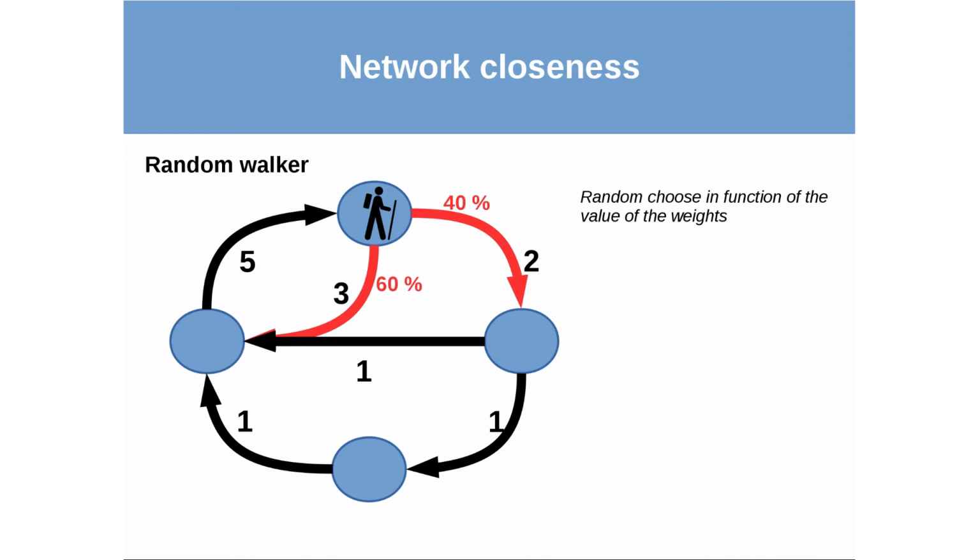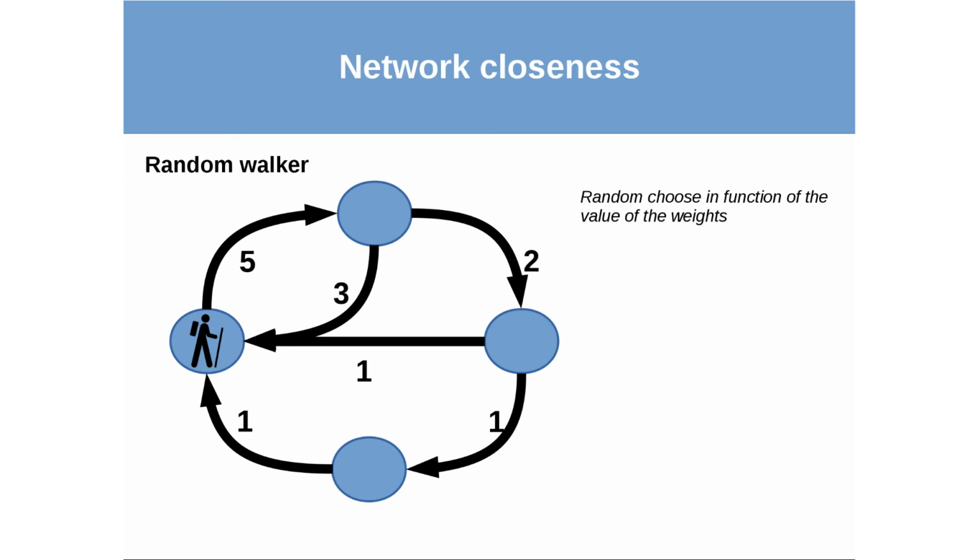To make his choice, he will randomly choose the edge in proportion to the weight of the edge with respect to the sum of all weights. This way, the random walker will go straight forward with a probability of 40% and will turn right with a probability of 60%. At this step, the probability to take each of the edges is 50%, and so on.